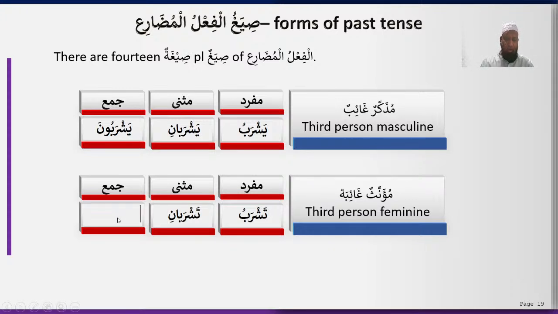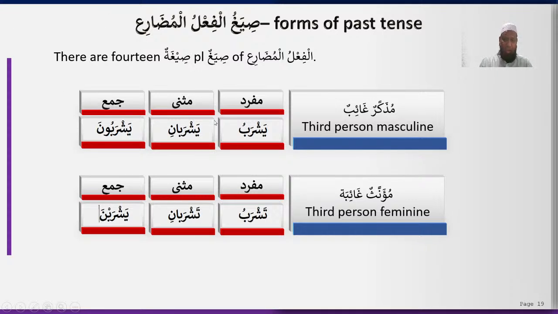And جمع مؤنث غائبة, remember it starts with ya as the علامة مضارع. يش. And because we're going to attach noon al-niswa, the lam al-kalima becomes sakin. يشربن. So يشرب, يشربان, يشربون, تشرب, تشربان, يشربن.